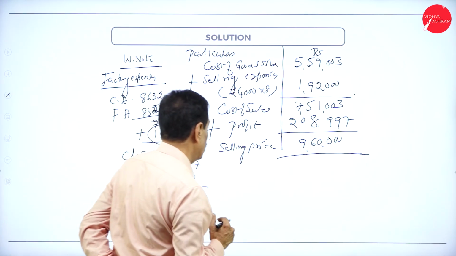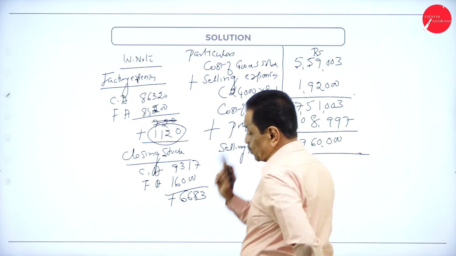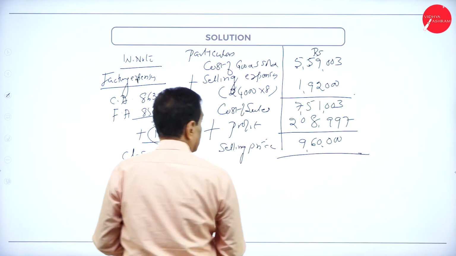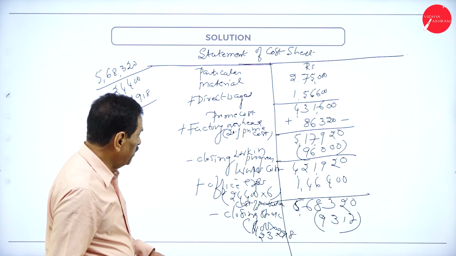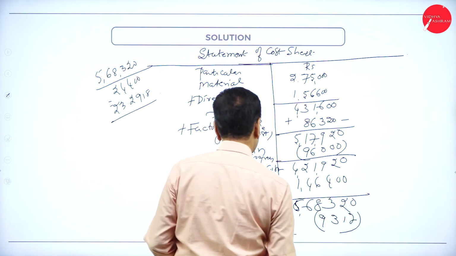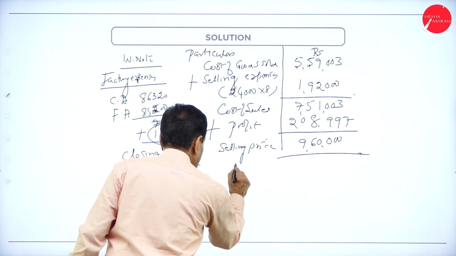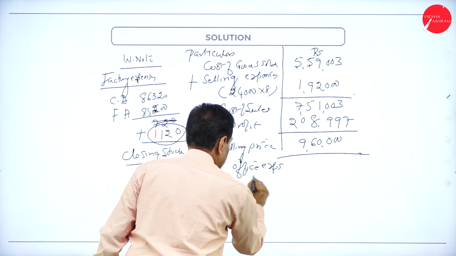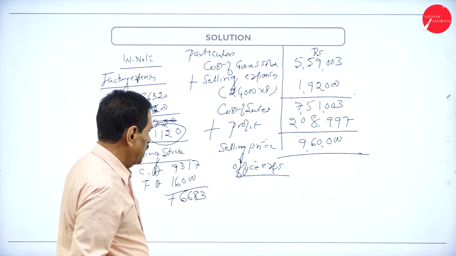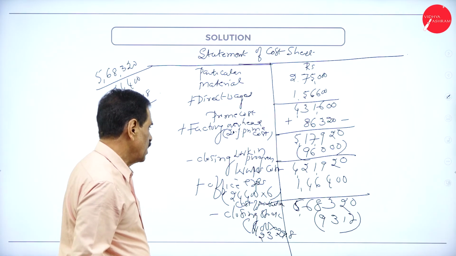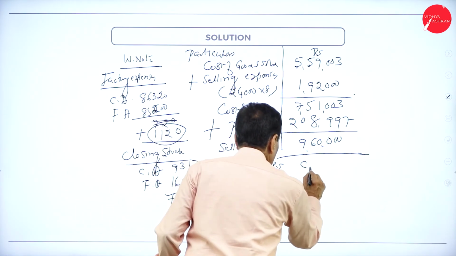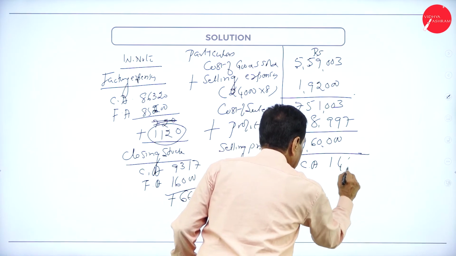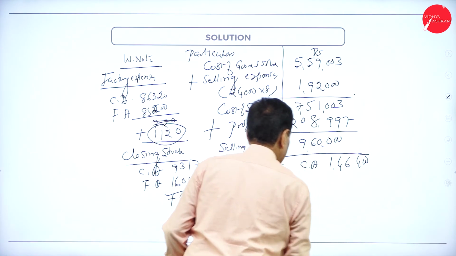Add back to know the profit. So this goes to closing stock. Then we'll move on to the next one, office expenses. CA is 1,46,400.